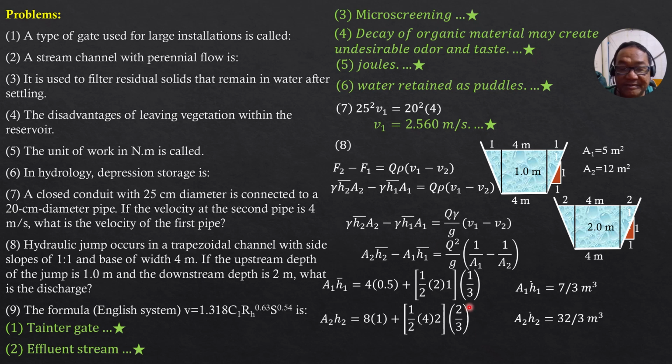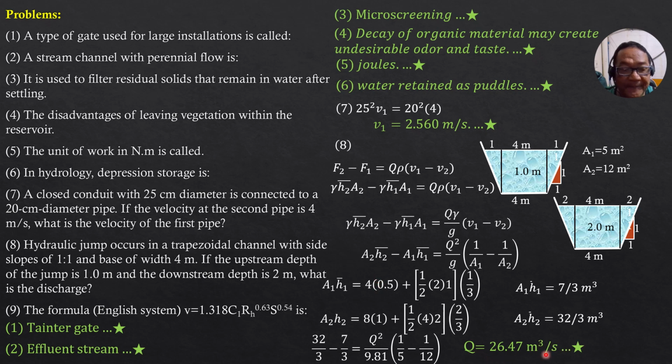Substitute into this simplified form of the formula. So 32 over 3 minus 7 thirds equals quantity Q squared over g, times quantity 1 over 5 minus 1 over 12. Solving for Q, the only remaining unknown in this equation, Q is equal to 26.47 cubic meters per second.